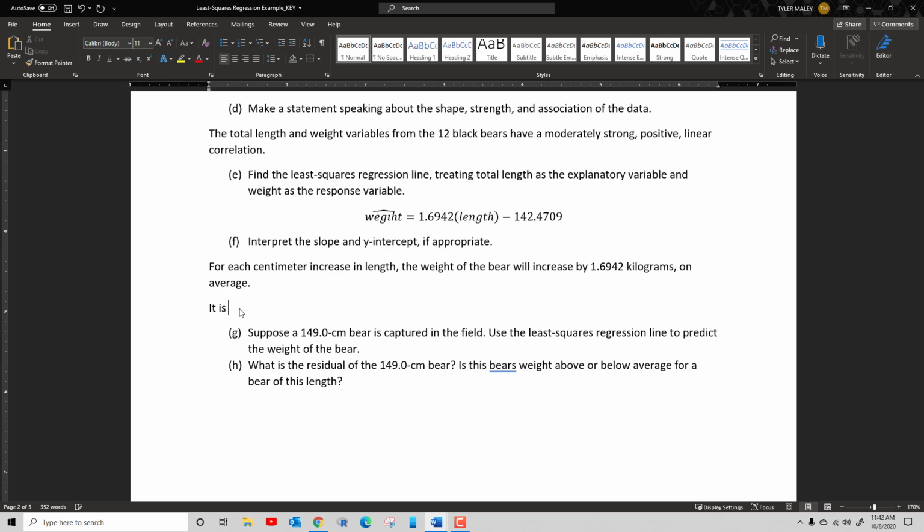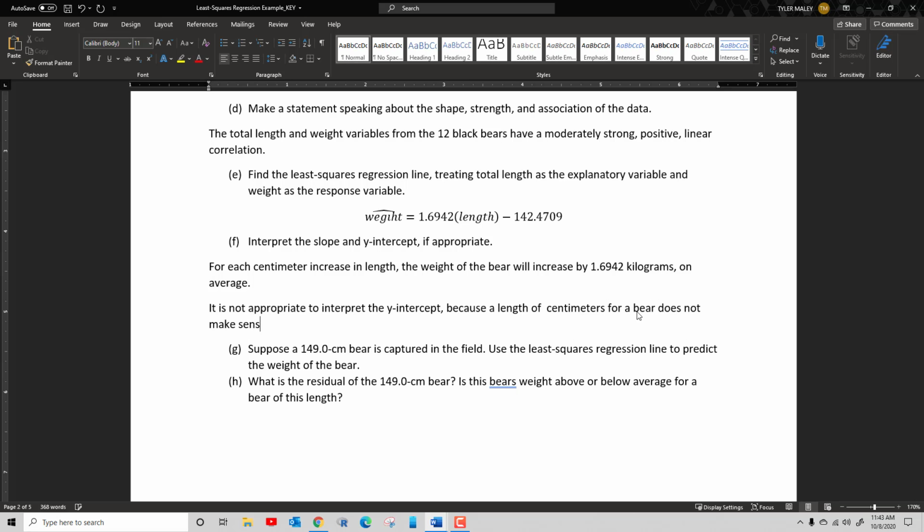So it is not appropriate to interpret the y-intercept because a length of 0 centimeters, oops, that's a typo, for a bear does not make sense, right?